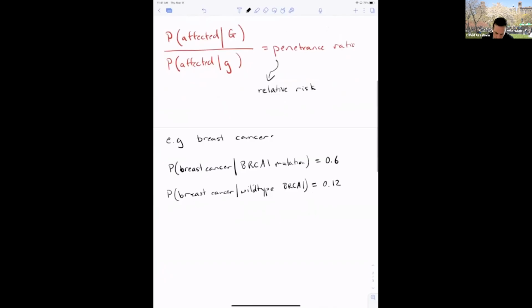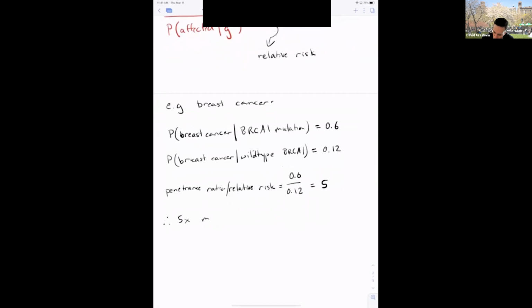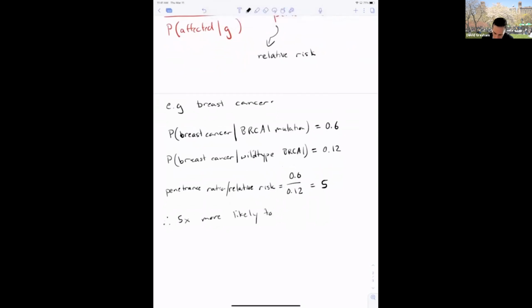And so we can think of the penetrance ratio or the relative risk as being simply the ratio of these two, which is 0.6 to 0.12, which equals 5. And so therefore, we say that you are 5 times more likely to get breast cancer if you inherit the BRCA1 mutation compared to the general population, okay?